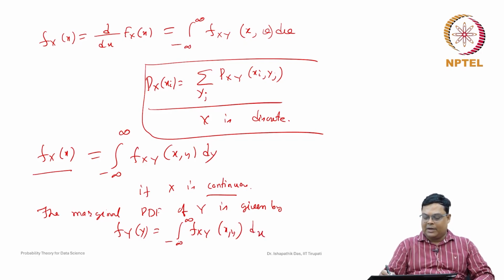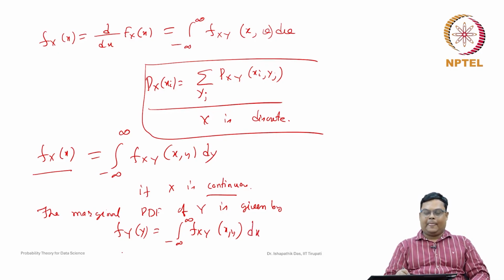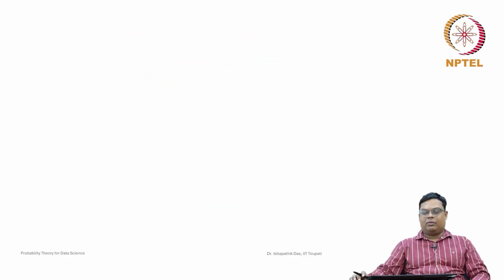With respect to x we do the integration, and then we get the marginal probability density function of y. The marginal probability density function of x we can find by the earlier formula. So, next we will discuss.